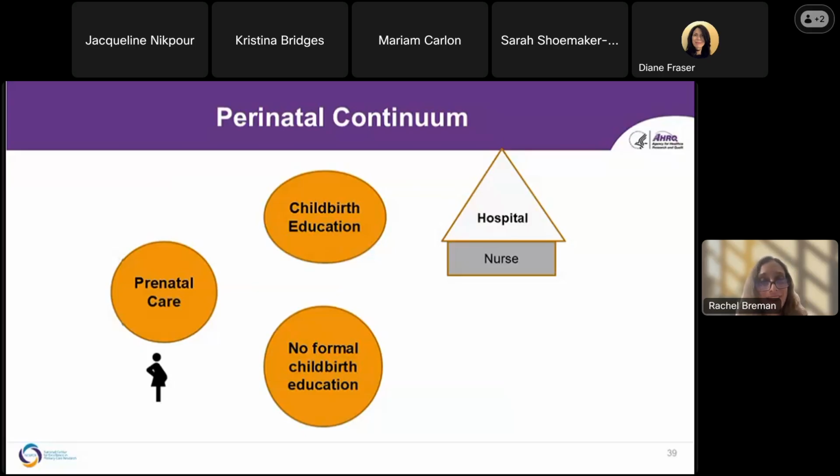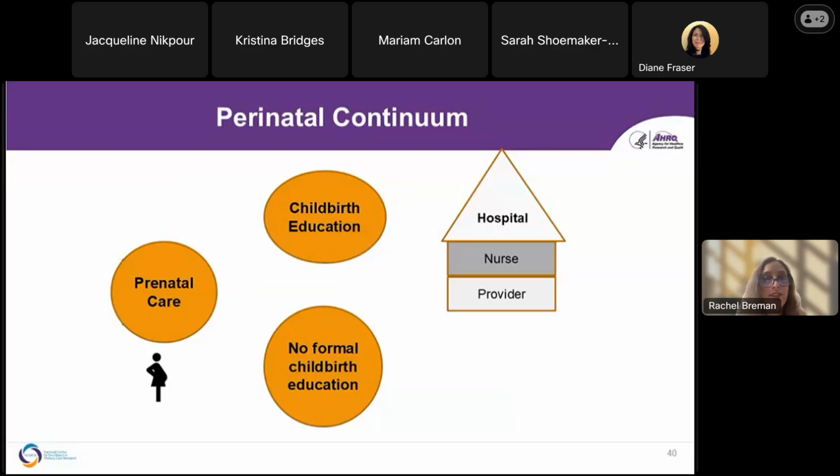The nurse usually takes their patient's vital signs and does all their admission paperwork. Next is usually their provider, whether it's a midwife or a physician. And I'm going to use she, her again, because most of our providers in labor and delivery do identify as female. And they will conduct a pelvic exam and see what's going on with labor and if there's labor.